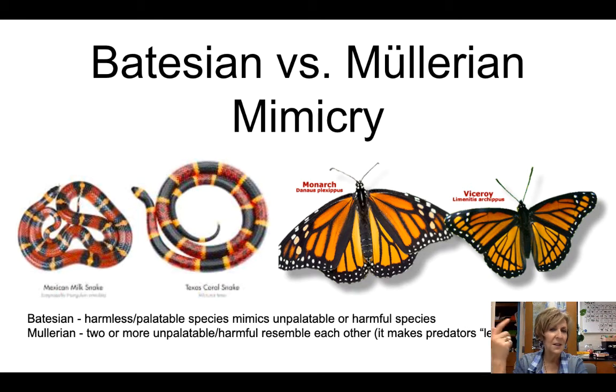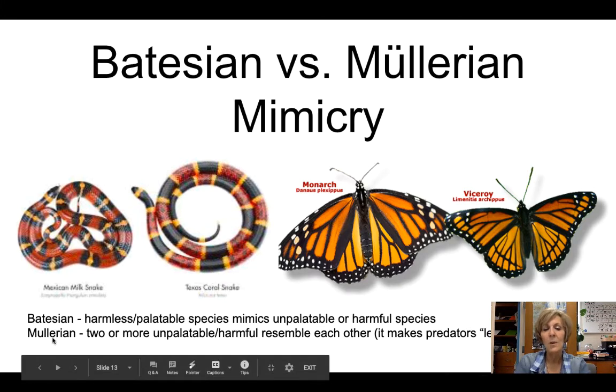And you can definitely see the strategy for that harmless or palatable species looking like another species that is harmful or unpalatable. So a classic example would be the coral snake, which is poisonous, and you can see this particular species of milk snake that mimics the coral snake, but it is not poisonous.